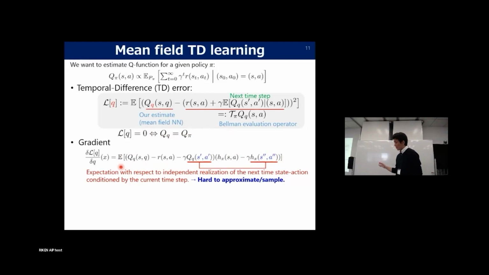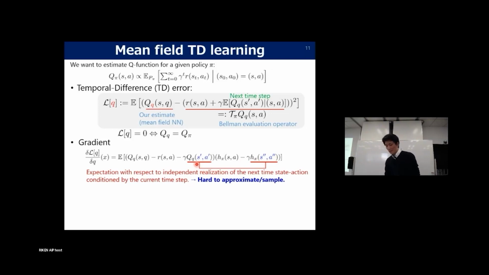But here is one problem. Here is an expectation with respect to the next time step state and action, and here is also the next step state and action. But these are independent realizations of the next step state and action conditioned on the current state and action.